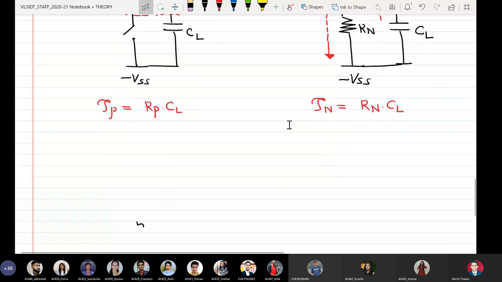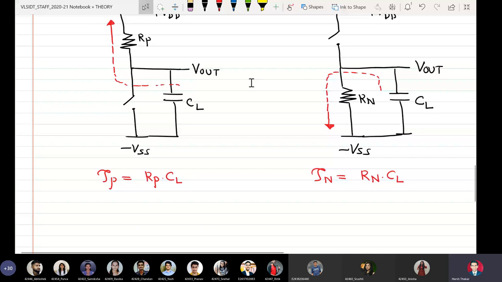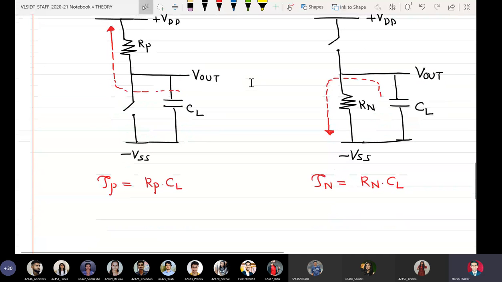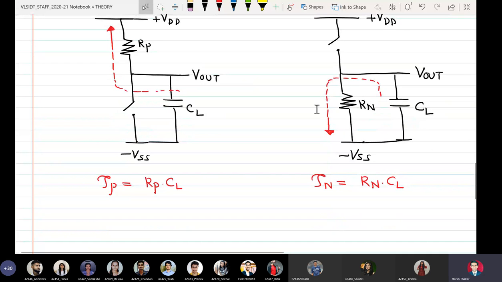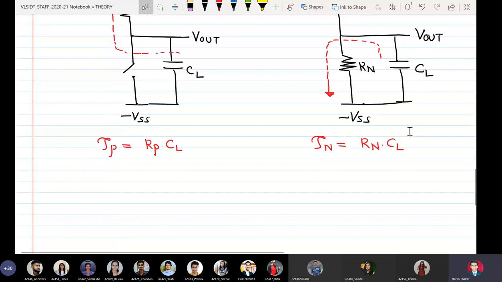So the charging time constant is the on-state resistance of PMOS into the capacitor CL, and the discharge time constant tau N is equal to the on-state resistance of NMOS, RN, into the capacitance CL.